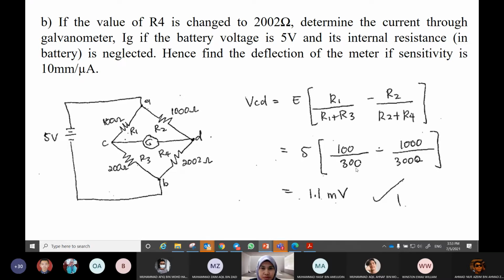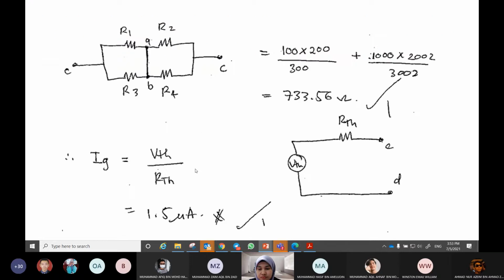You also can use the lower loop and you will get the same answer, VR3 minus VR4. Now, it seems like the R of the galvanometer is 0 or neglected. If the question did not give us the value of RG, just assume that it is 0. So this is the method to find it.